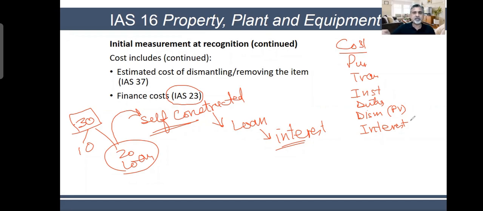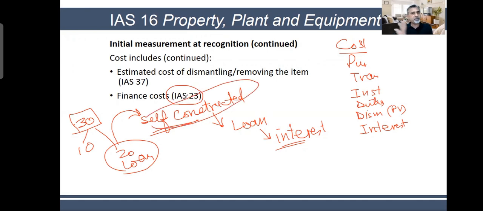So when you take a car on credit from a bank, you definitely pay interest, but that interest cannot be capitalized because that interest was not paid on an eligible, qualified asset. A qualified asset has to be a self-constructed asset.